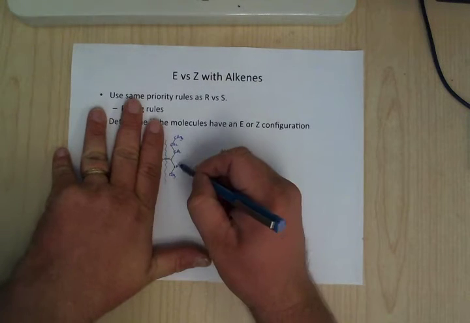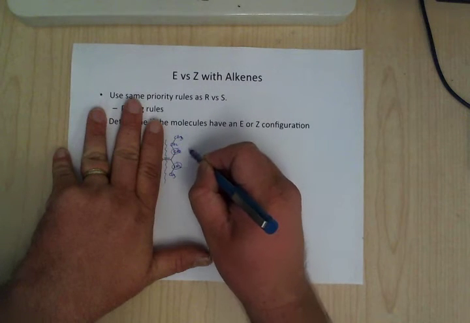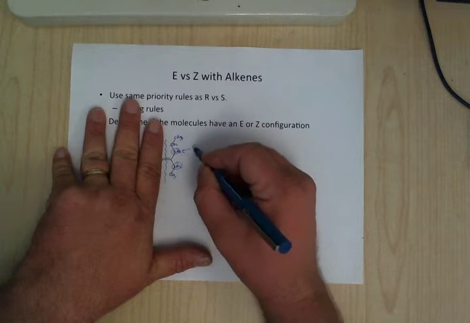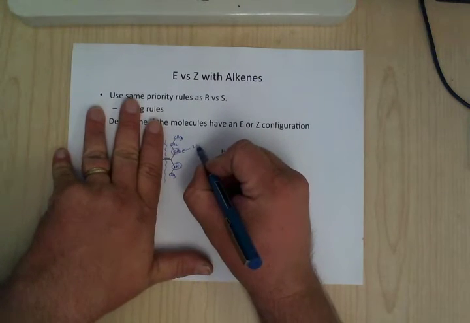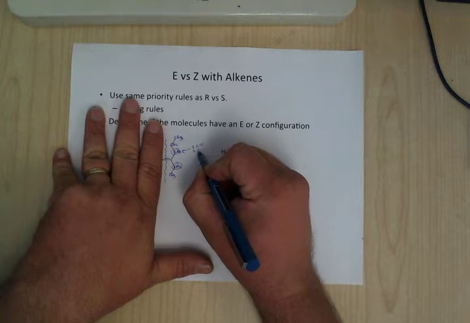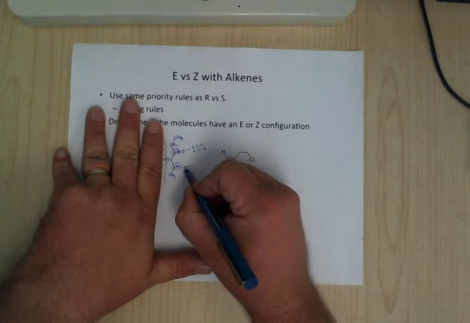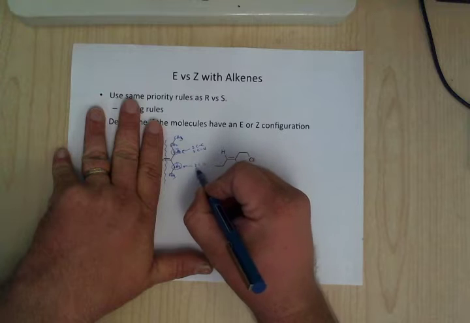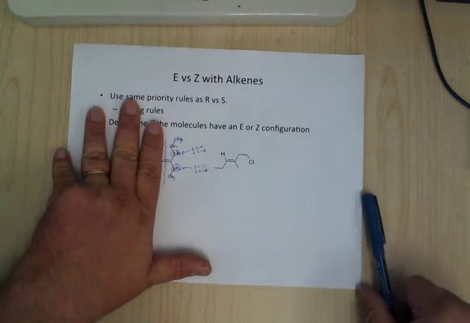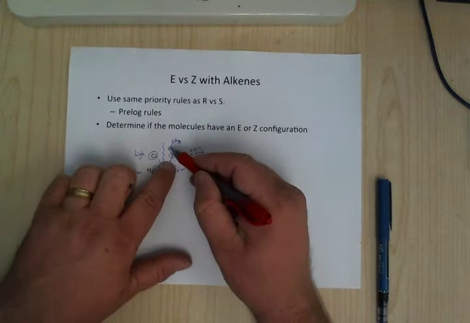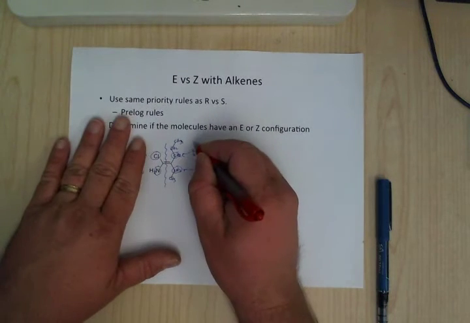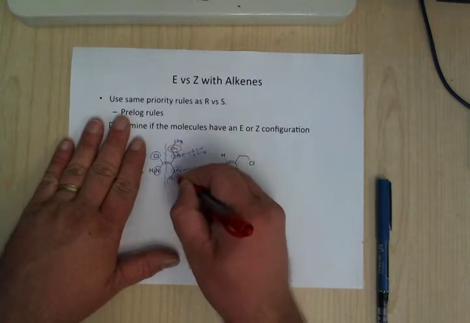So we look here versus here. They're both carbons, so we have to look at the bonds. Two carbon-carbon bonds, 2 carbon-hydrogens. For this one, again, it's 2 carbon-carbon bonds, 2 carbon-hydrogens. So there's a tie, and we need to go one farther out. We're going to look at this versus this.